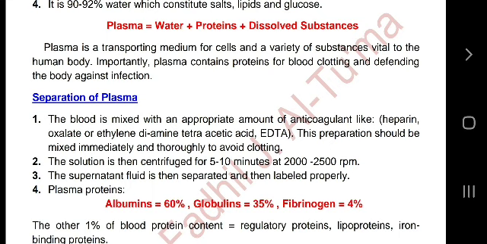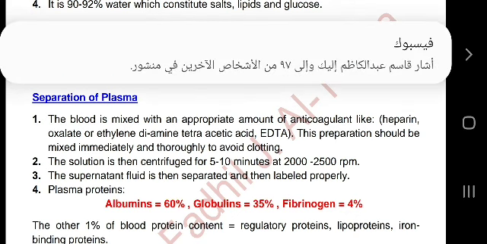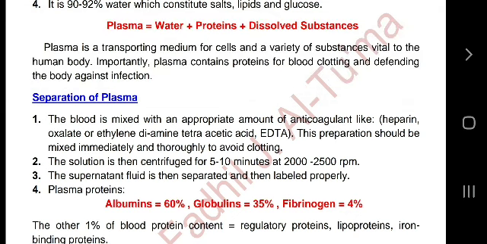The solution is then centrifuged for 5 إلى 10 minutes at حوالي 2000 إلى 2500 revolution per minute. The supernatant fluid is then separated and then labeled properly وهذا هو البلازما.